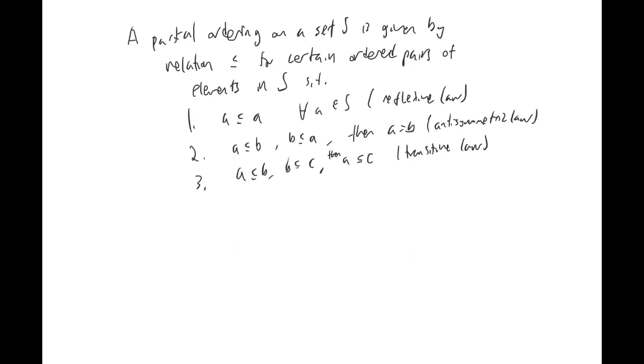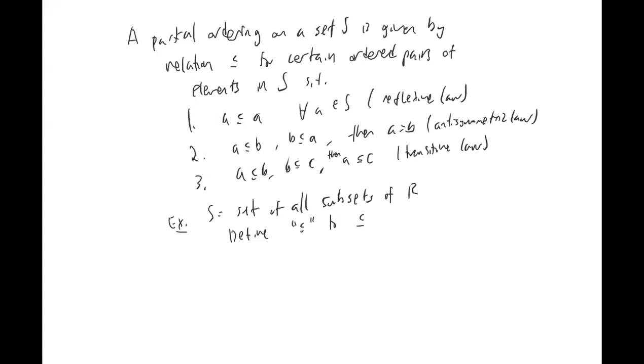So this is a partial ordering, yeah? By partial, it just means if they are related, then it must satisfy 1, 2, 3. It's not true that every element is related to one another. One example of that is if I take S to be the set of all subsets of R, and then we define less than or equal to to be the subset relation. Then not every set can be compared.